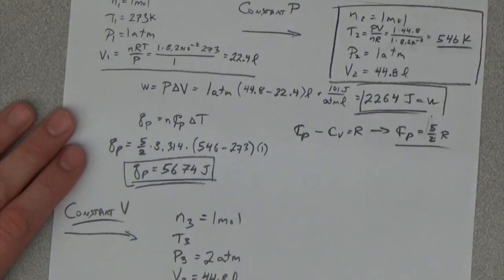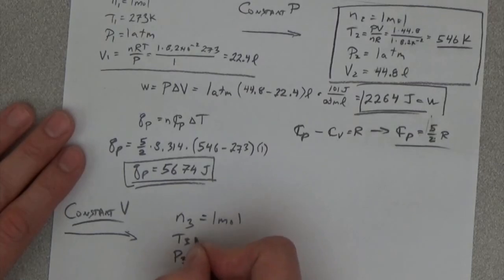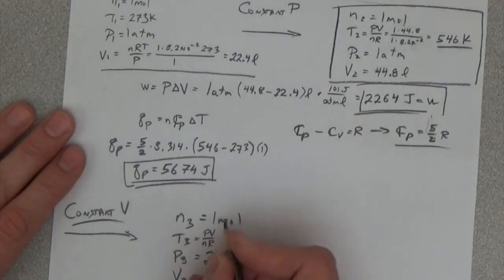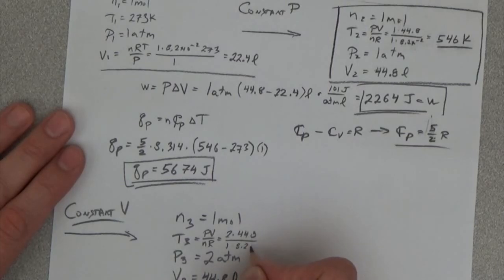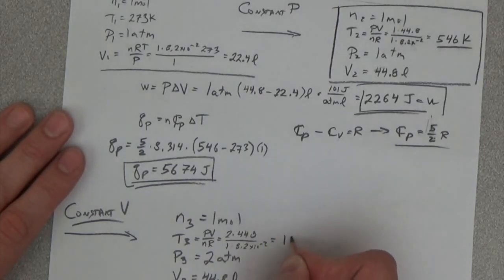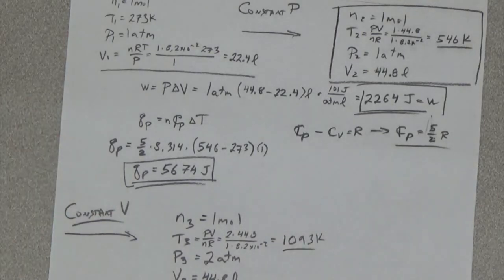Okay, and doing this, T is equal to PV over nR, which is 2 times 44.8 divided by 1 times 8.2 times 10 to the minus 2. Temperature is now 1093 K. So we've got the new state.